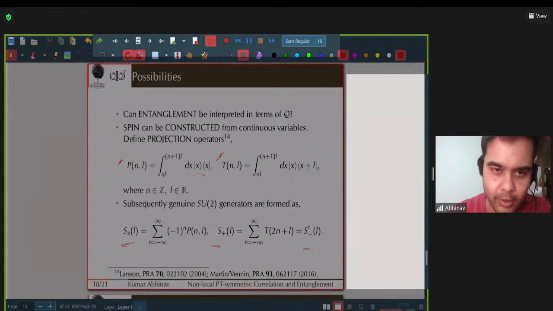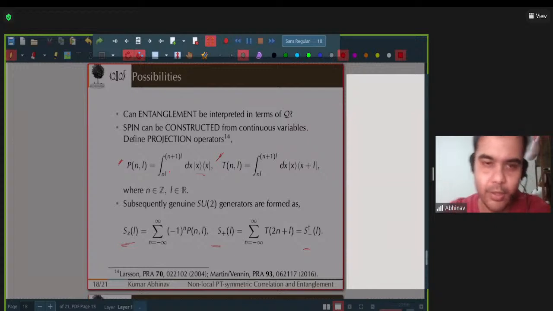What you are doing is taking this integral in an interval of length L, from NL to (N plus 1)L, where N tends to infinity. So you are segmenting the whole real line, or coordinate line, into an infinite number of segments of length L. This projection operator maps anything to that segment. If you cannot map, it is 0.